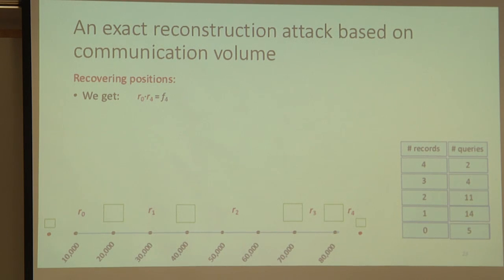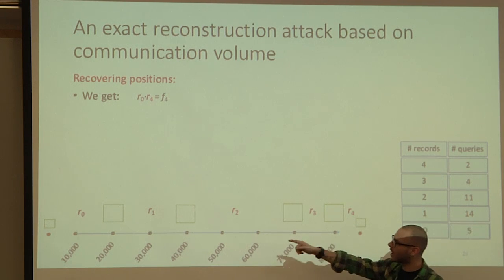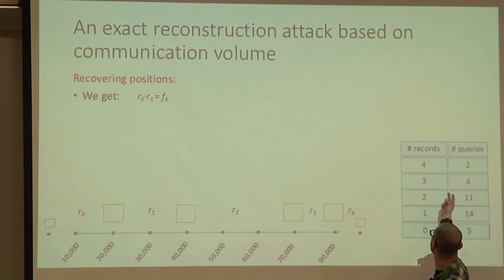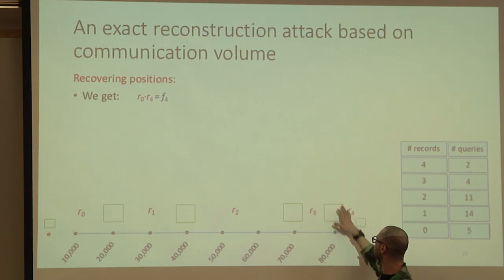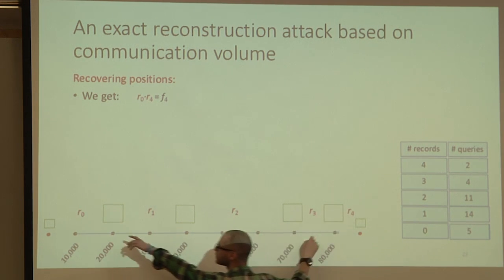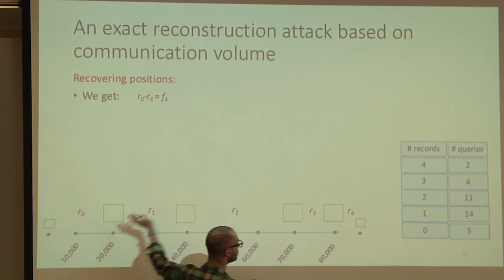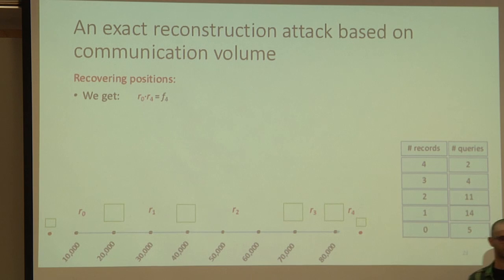And now we can observe that essentially the number of queries that return 4 records can be computed if we multiply R0 with R4. In this case, we had 2 queries that return 4 records, and we can see that R4 is 1 and R0 is 2. So it's like this query, and that's why this value multiplied by this value gives us this number.